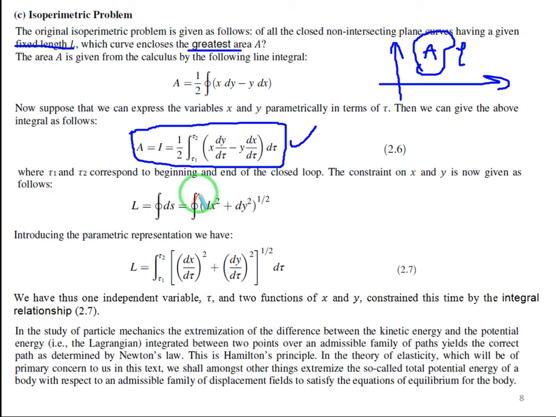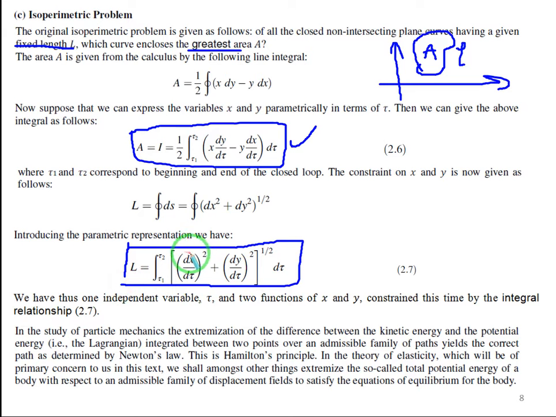We know that ds equals dx squared plus dy squared, all to the power of 1 over 2. And if we rewrite dx and dy in a parametric way, we can rewrite our equation in this form.